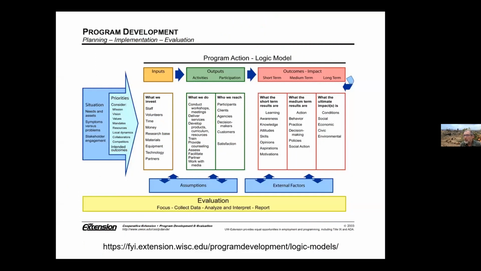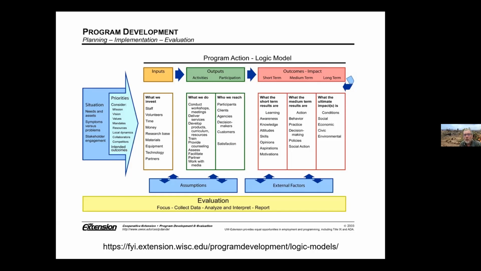So this is a big detailed slide, but this is something that we call the logic model in extension. This is out of University of Washington extension, University of Wisconsin extension. But this is really the basic model that cooperative extension nationwide uses to think about programs. You have this long-term change that you want to see.